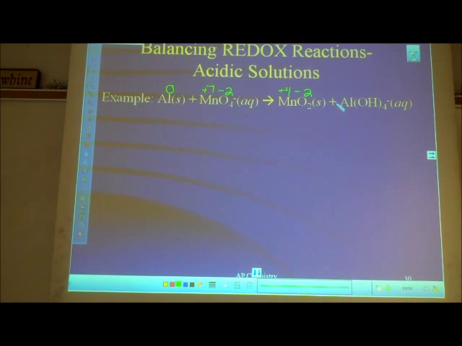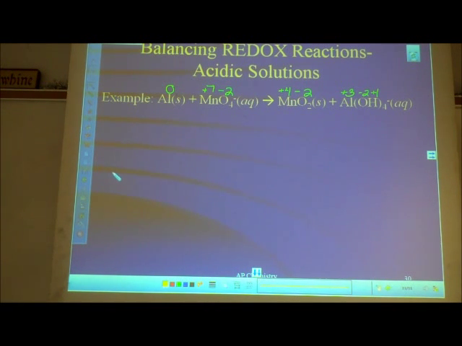What charge does aluminum carry when it's in a compound? 3. Okay, +3. And these are what they always are. Oxygen is always -2, hydrogen is going to be +1. So what are the two elements that are changing here? Aluminum and manganese, okay?